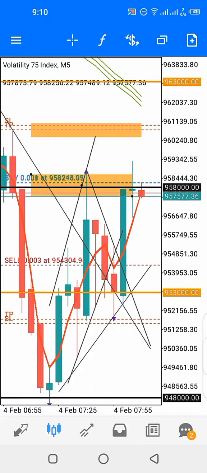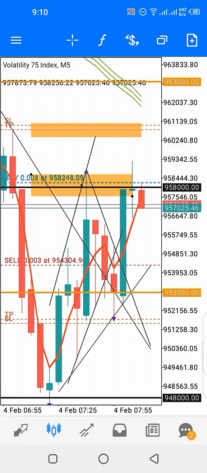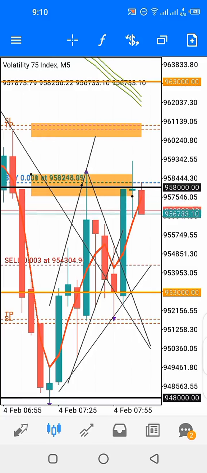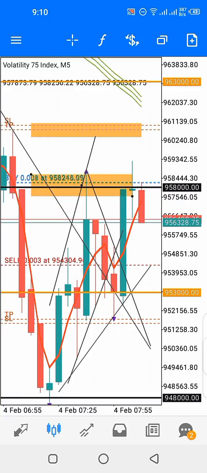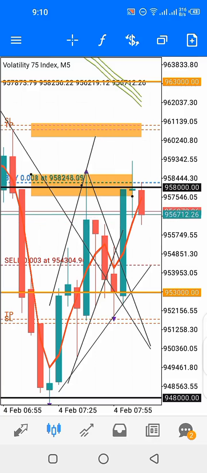So what I'm seeing is a form of retracement. Price is trying to go up, so I expect price to go up and then close my trades for me to have a break even.